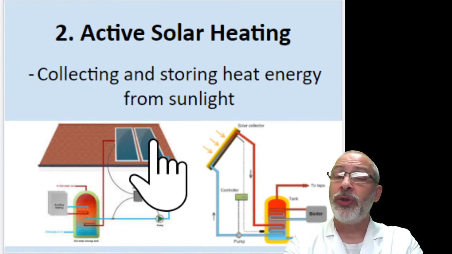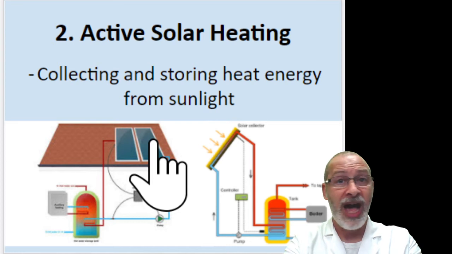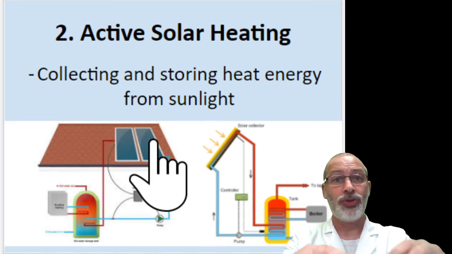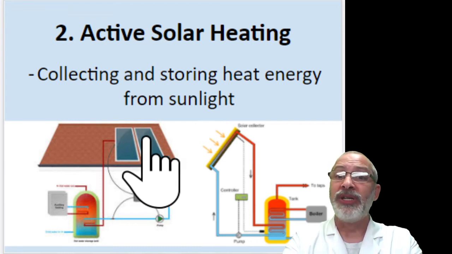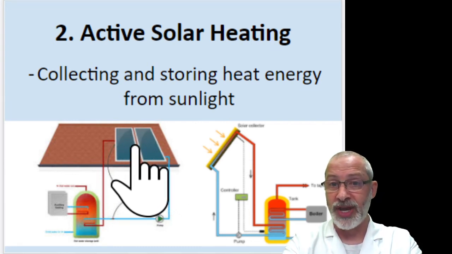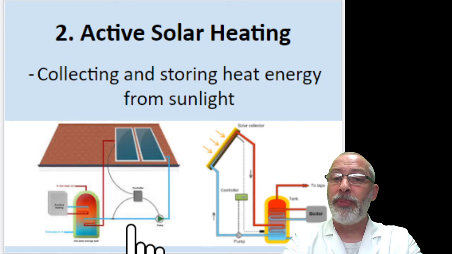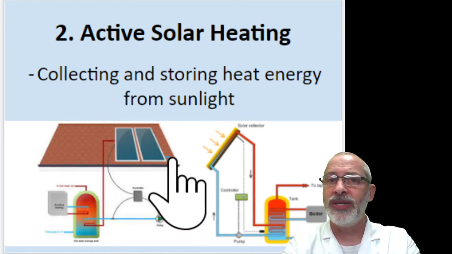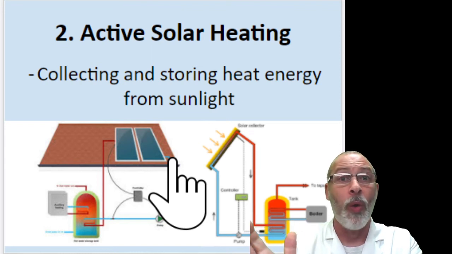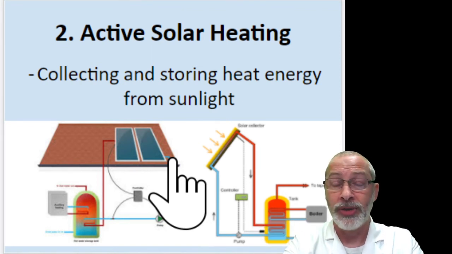And what a solar collector does is collect heat energy, not transform sunlight into electricity, but take heat energy from the sun. And the way it does that is by piping through a liquid. Oftentimes it is an oil-based liquid, not water, or it would freeze in the wintertime.